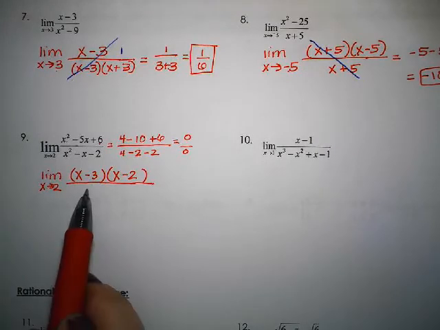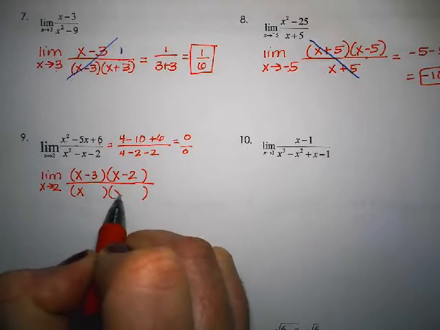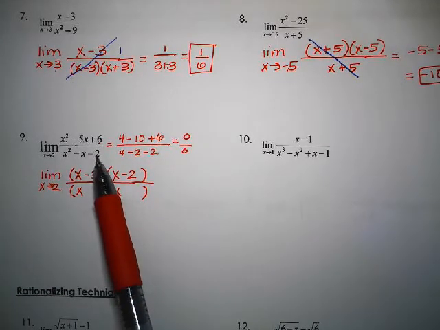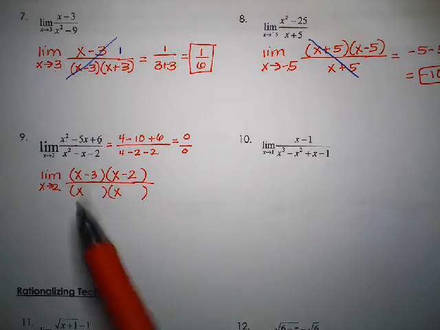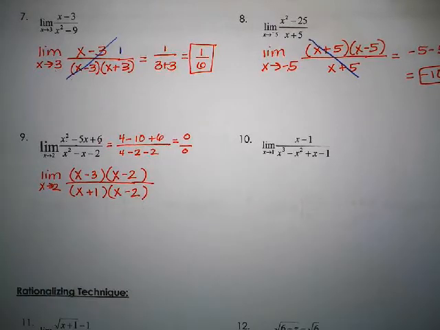I'm going to do the same thing on the denominator. Set up 2 separate factors, x and x. And I need to think of numbers that multiply to -2 and add up to -1. And those are going to be +1 and -2. It doesn't matter which order you write them in, but it needs to be a +1 and a -2.